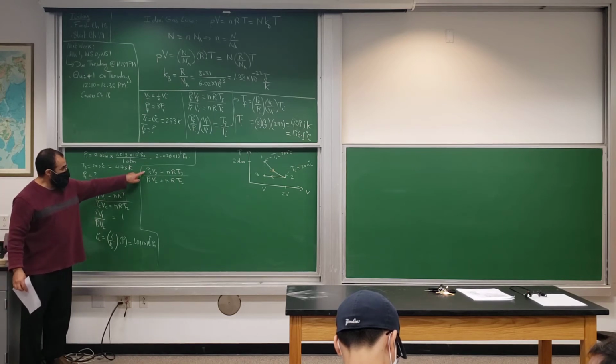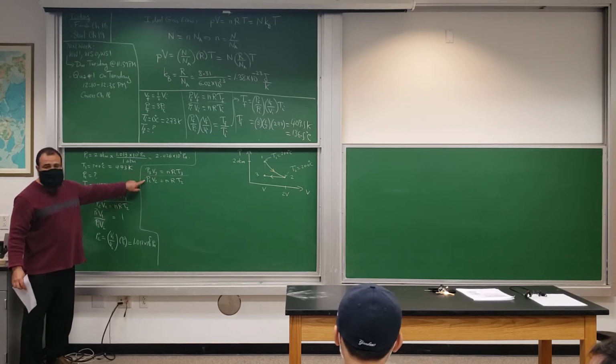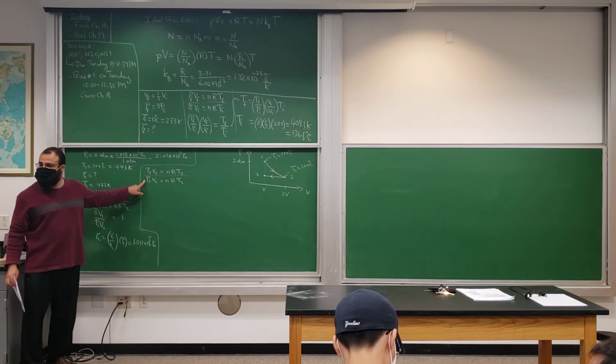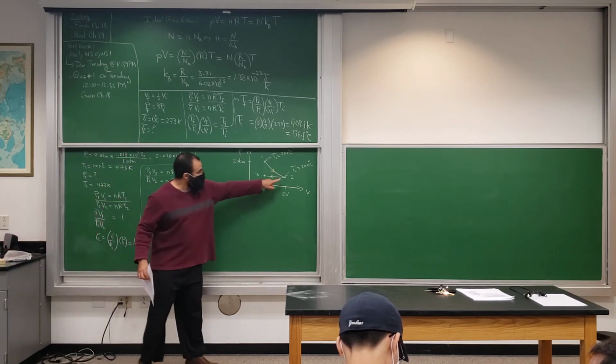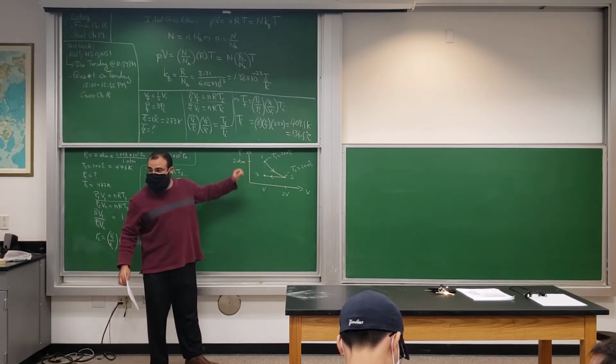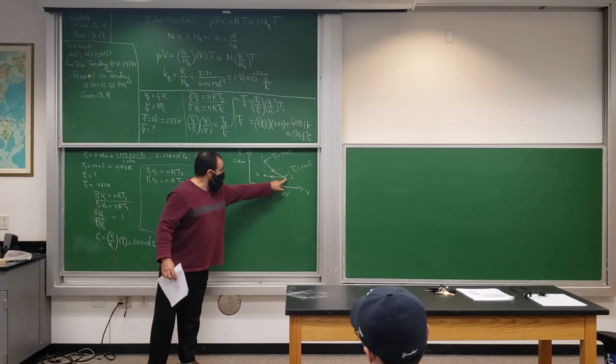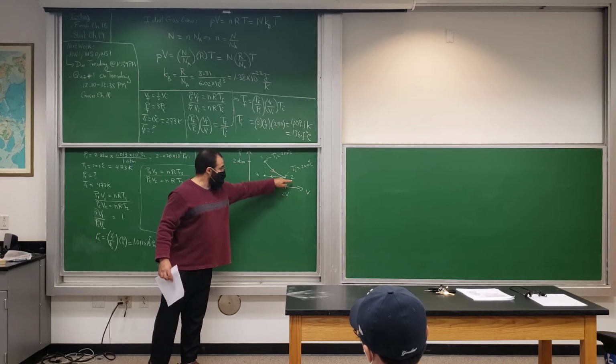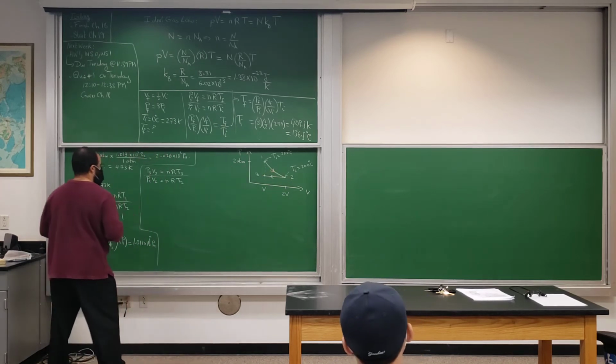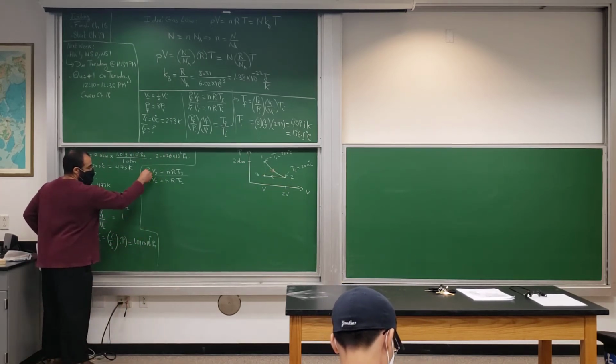The pressure. How do I know that the pressure at 3 is equal to the pressure at 2? It's isobaric, constant pressure. So the pressure at 3 and the pressure at 2 are the same, and these two are going to cancel.